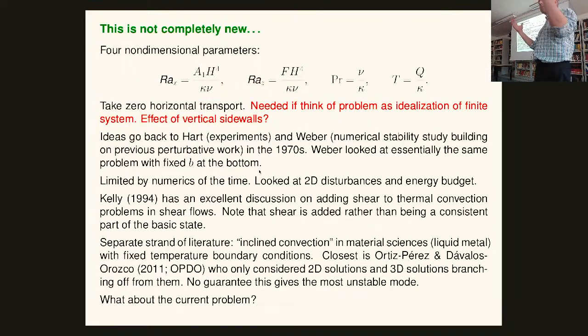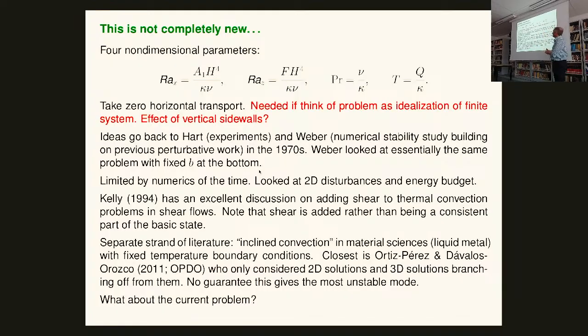Now, of course, this isn't new. We didn't suddenly invent something out of nowhere. So let's think about the non-dimensional parameters and who's looked at this before. We've got four non-dimensional parameters. That's correct in this system. We've got the horizontal Rayleigh number, how hard I'm pushing it in the horizontal at the surface. Vertical Rayleigh number, how hard I'm pushing it at the bottom. A Prandtl number, which is a property.